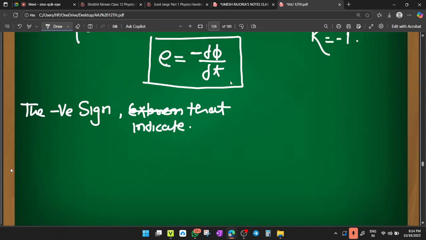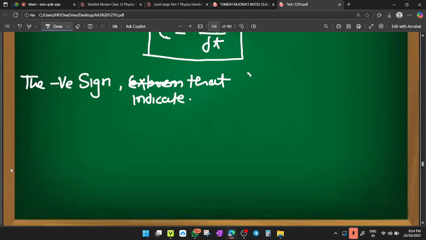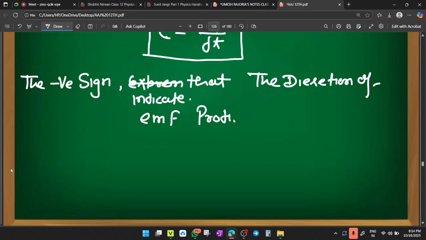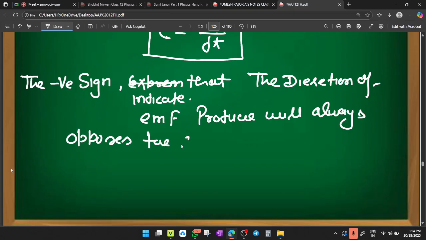Indicate that the direction of EMF produced will always oppose the change of flux.